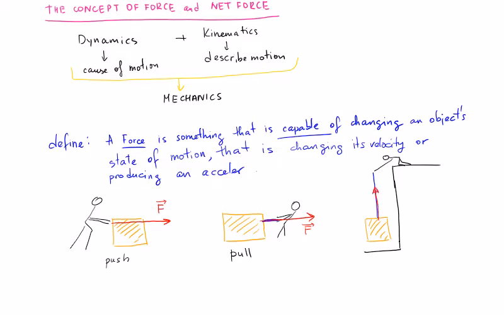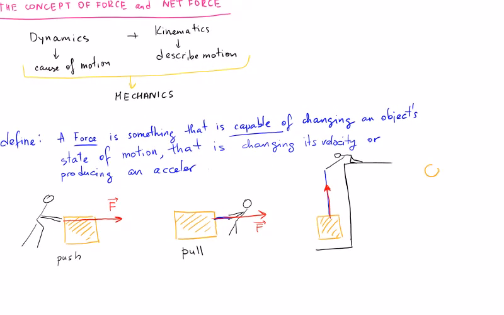The rope is pulling the object, and the person is pulling on the string. So there is another situation where you have, let's say, a ball falling down. In this case, nobody is pushing it, but is there anything that is pulling it? Well, obviously, we know it is accelerating, and we know that it's a free fall. Acceleration is gravitational, so therefore there is a force that might be pulling or pushing.